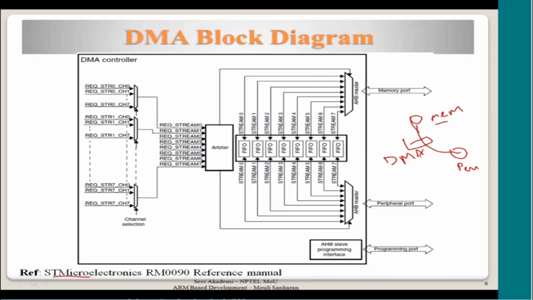The DMA has a FIFO, normally a 4-word depth FIFO. So data gets written into this, and then a bus transfer happens to the other side. These transactions can happen in parallel. The data could be written by any of the streams, and it could be read by any of the streams. So it comes into the FIFO, and it reads as a block of data, or it accumulates the data here in the FIFO.